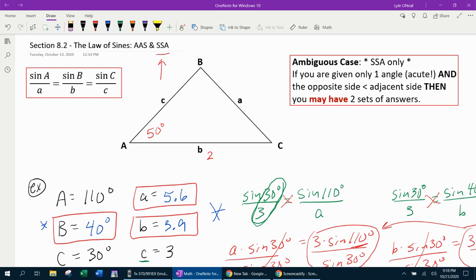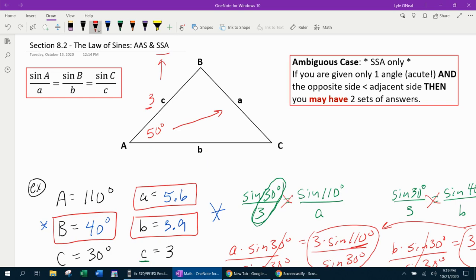If you would have been given side c instead, this would then be a side angle side, which you could not use the law of sines to solve, right? You don't have an angle and the side across from it. So in the next lesson, section 8.3, we're going to cover side angle side.